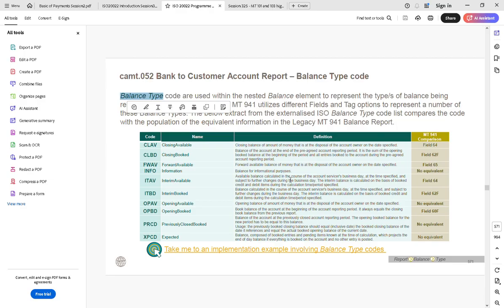Let me see here, the balance type field. Oh, it's directly jumping here only, we don't have a balance type field.